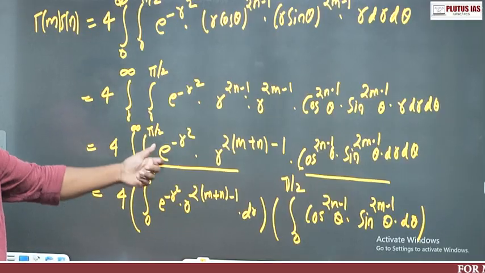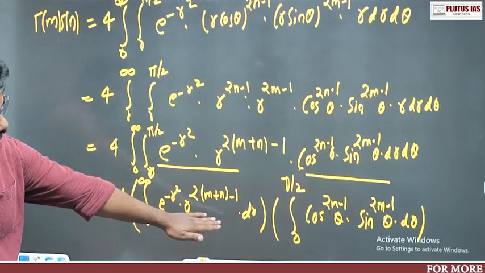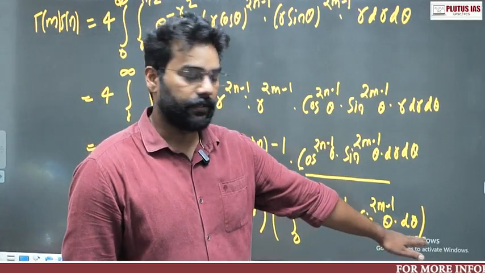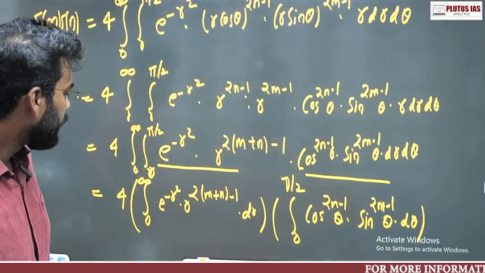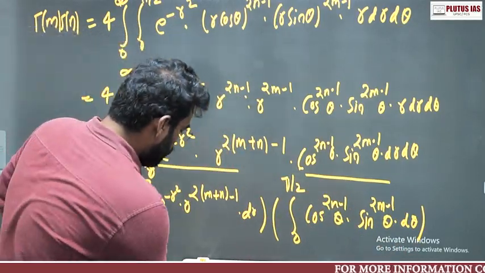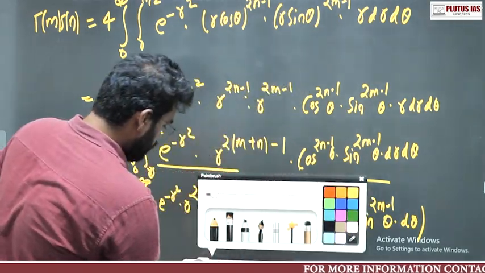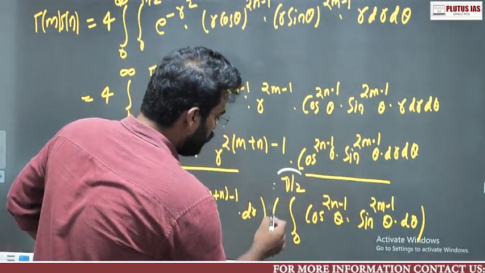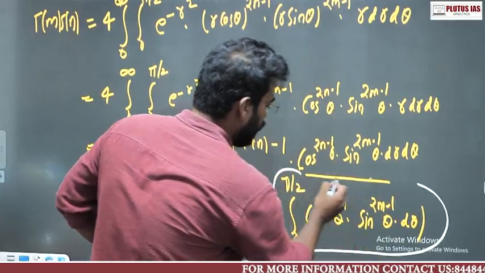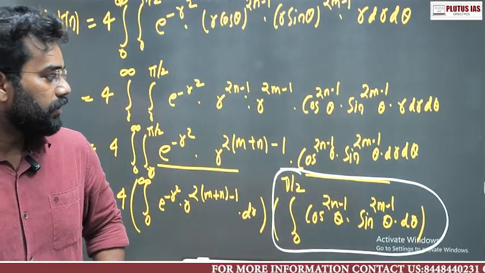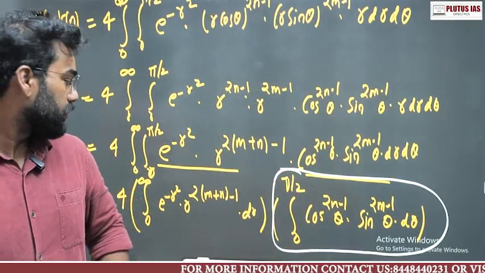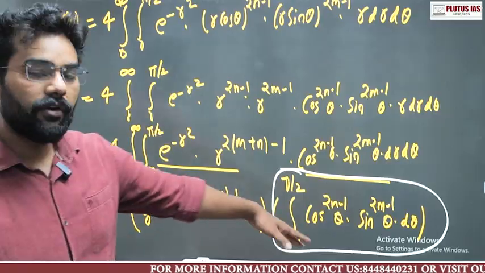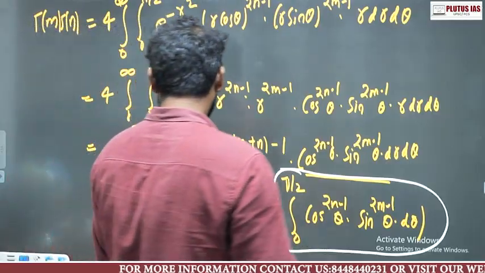So just r terms and theta terms. So this integral is nothing but the beta function. Multiple of 2 is beta function.